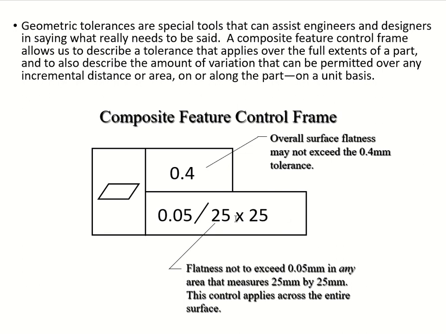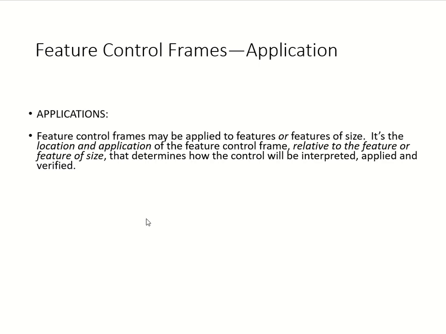So this area is given to you, and don't exceed this tolerance. That control is going to apply across the entire surface. That's how you read it, and then we'll see how we apply that.